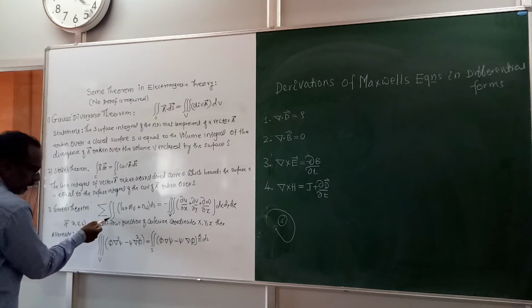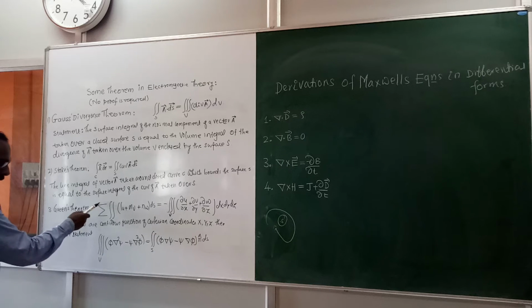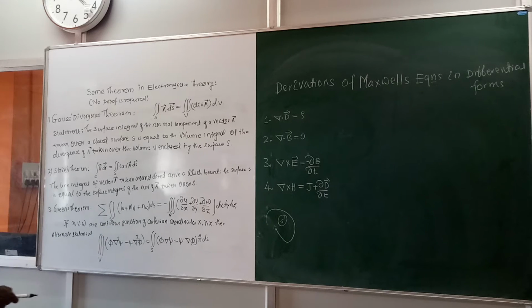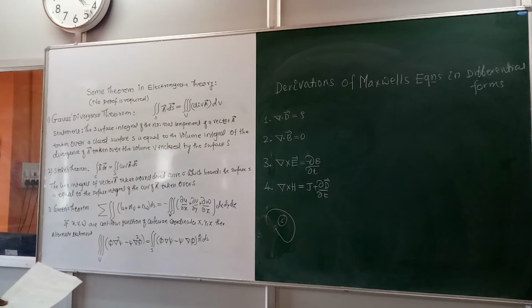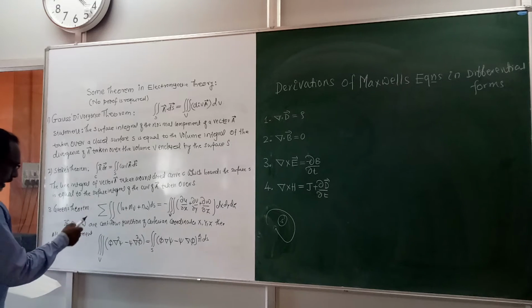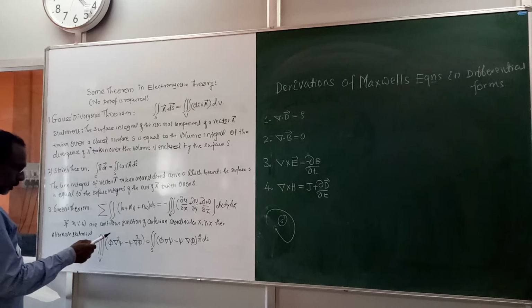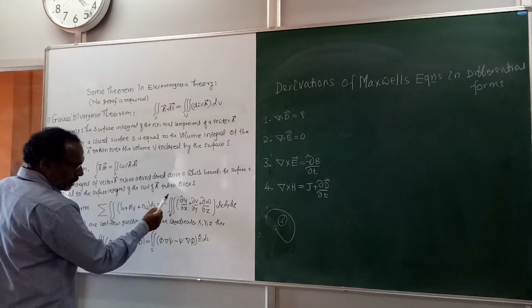We have summed the surface integrals of different bodies, and that is converted into a volume integral. This theorem enables us to express integrals taken over the different surfaces of a number of bodies, as I mentioned, as an integral through the space between them. This is the space equation here.